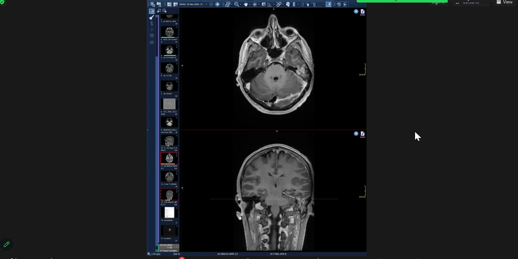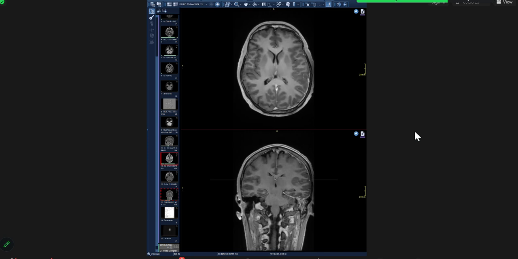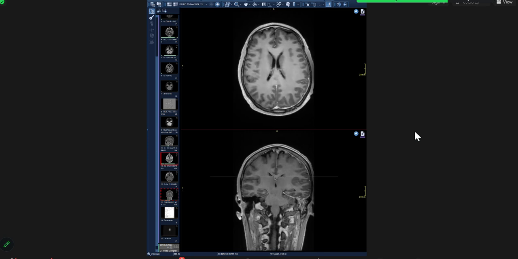Has the patient got any history of fever? Yeah, the patient is sick. Okay, so dural enhancement can be due to some infective process. Is he immunocompromised too? Not that I'm aware of.